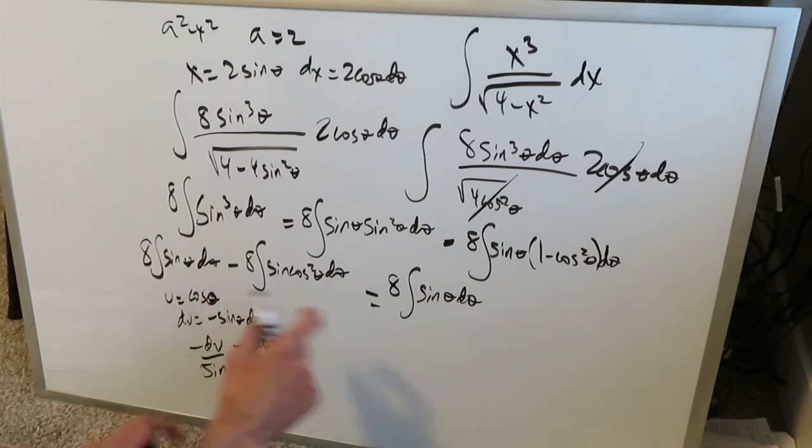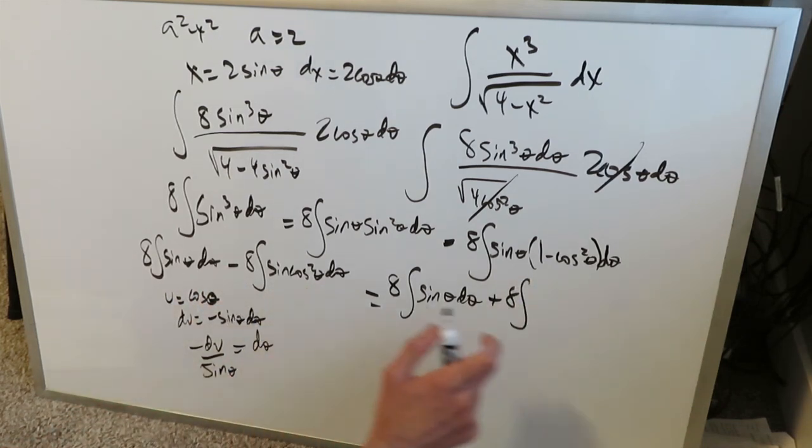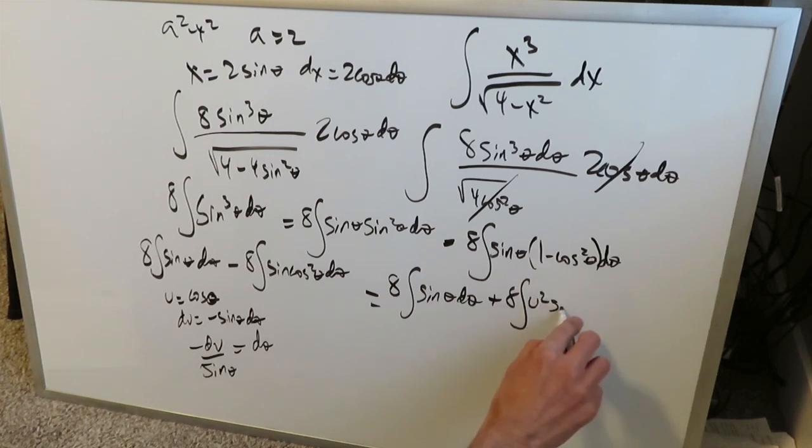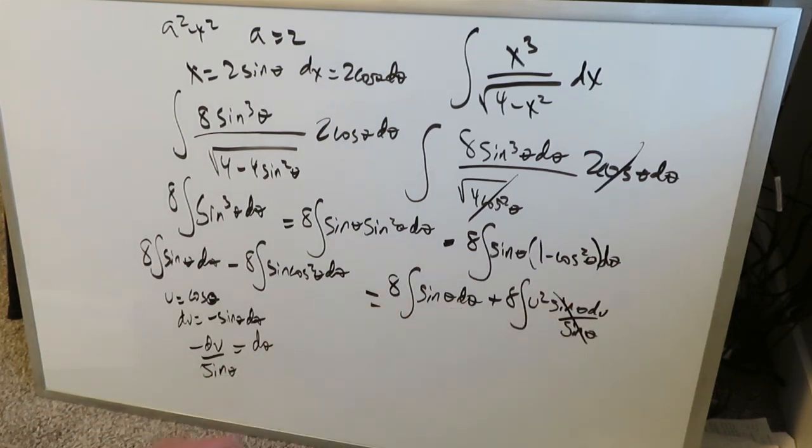This minus and this minus will become positive. You get 8 sine theta u squared du over sine theta. These sine thetas will cancel out. You basically have 8 sine theta d theta plus 8 integral u squared du.